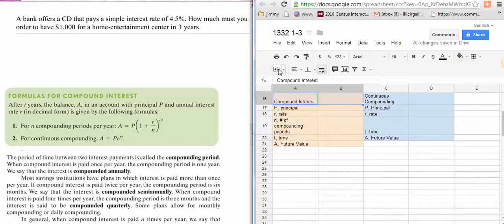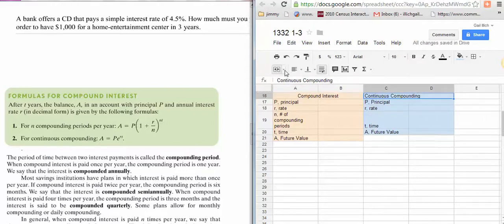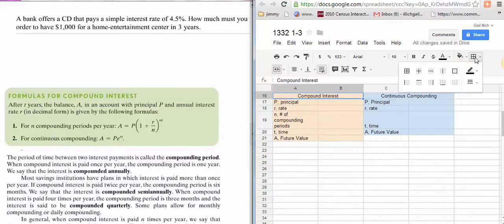I think that's this button, and then if you hit this, you can get it to center. And it looks kind of pretty. And you can do the same thing with these 2 cells. I'm just being fancy here. I can merge them, and then I can center that continuous compounding. So that looks kind of cool, like 2 little formulas. You want to do anything else? I don't know. What can we do? We could put a line at the bottom of that one.